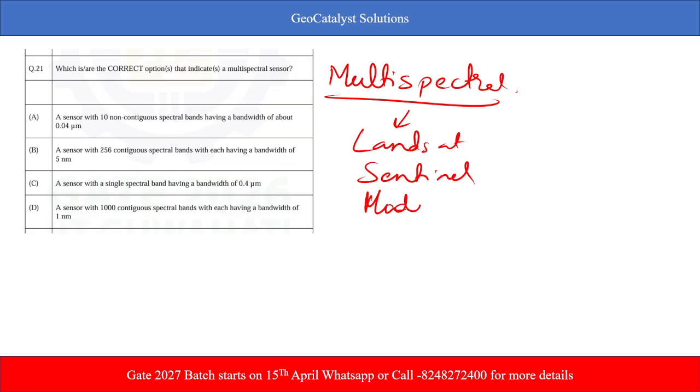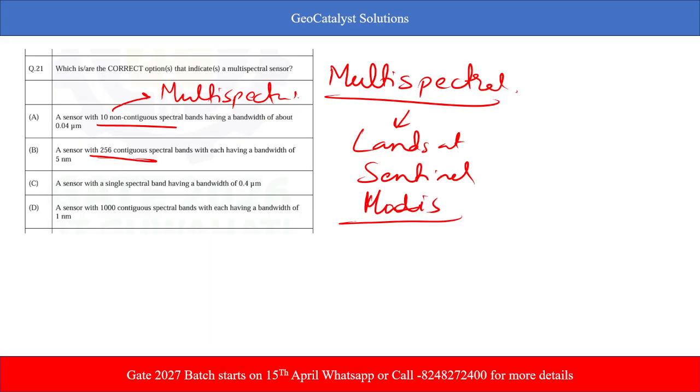Okay, so a sensor with 10 non-contiguous spectral bands having a bandwidth of about 0.04 micrometer. So 10 non-contiguous. Okay, so this is one multispectral property. Now 256 contiguous with bandwidth of 5 nanometer.